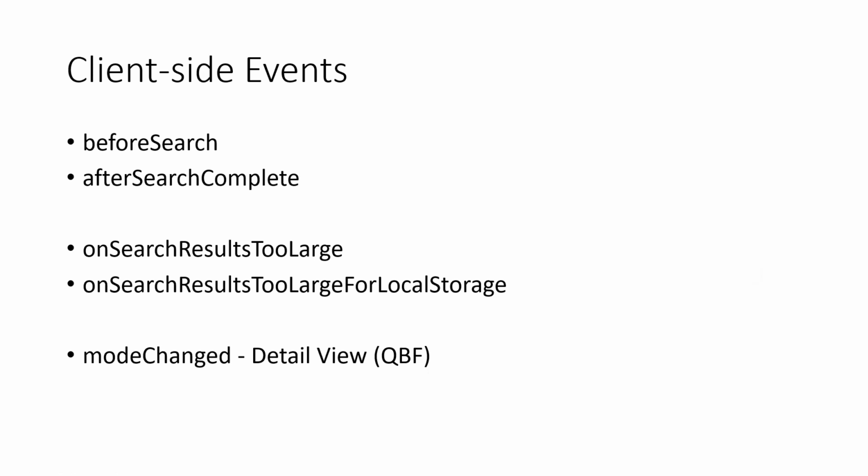If you have set up your list to store itself in local storage, or you have some restrictions on how much data is allowed to be downloaded into the list, so you've delayed load on your list until a search is active, if you've put some criteria around that, these events may be triggered, which you can check and then tell the user, like, narrow your search results. You've asked for 1 million records. You're only allowed to have 100. And then that last one is mode change, which gets triggered every time the detail view goes in and out of QBF syntax mode, which is something you can also hook.